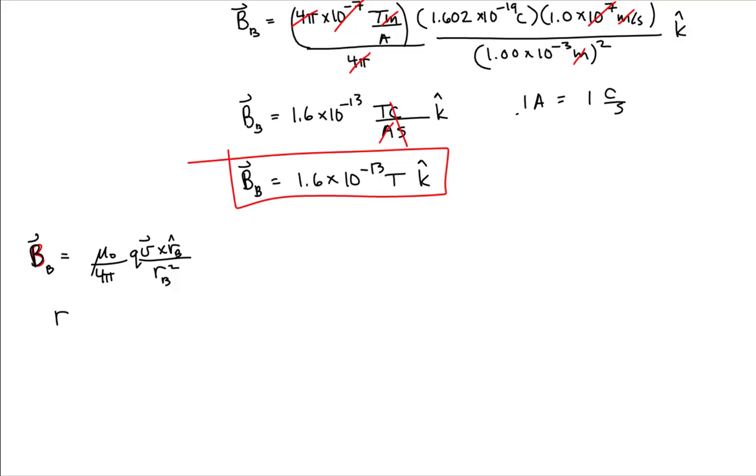Now remember, we said that r-hat sub B is in the positive y direction. And we have the velocity vector in the positive x direction, where the magnitude of the velocity, or the speed, was just given as 1.0 times 10 to the 7th meters per second.